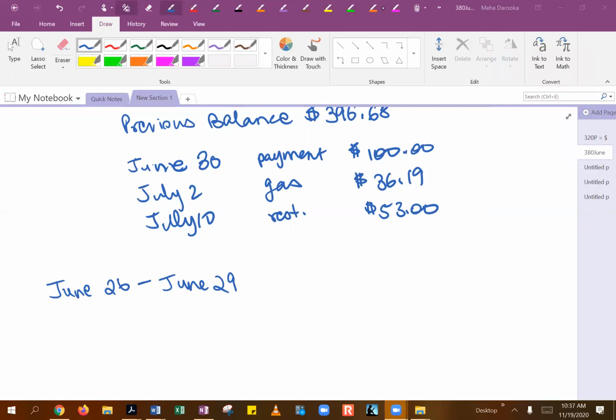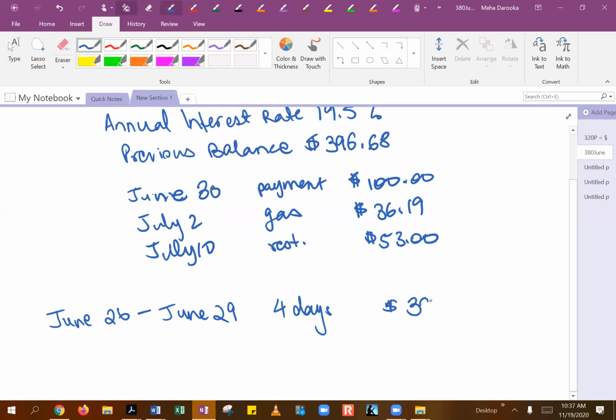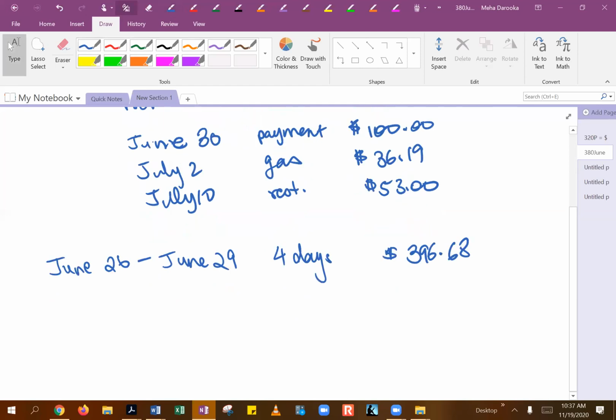So we are looking at 4 days where the balance was at our previous balance of $396.68. And then on June 30th is when we made this payment of $100.